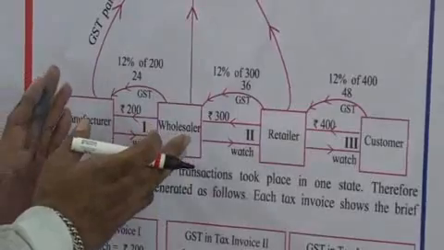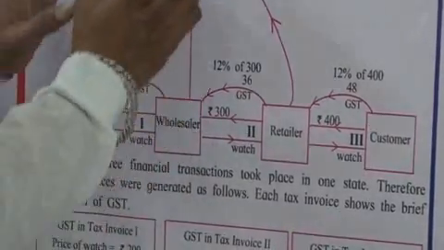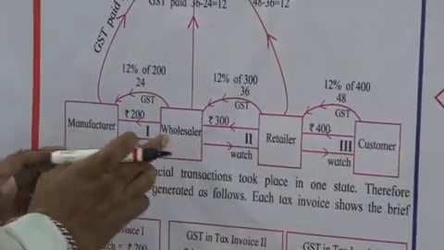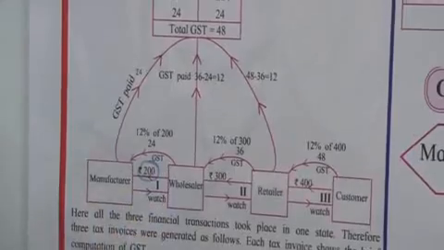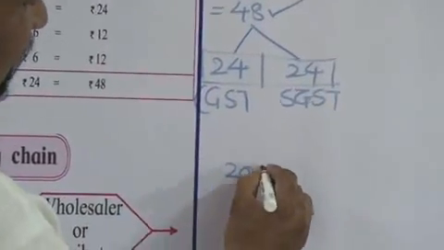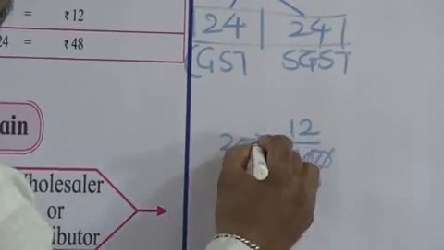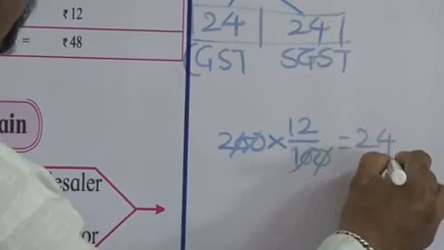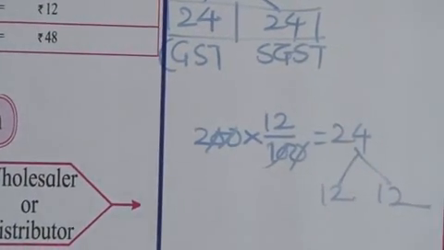Now, for each transaction they must pay GST. As here, the first transaction is of 200 rupees. Therefore, 200 is charged 12% of GST, that is 24 rupees: 12 rupees to CGST, 12 rupees to SGST.